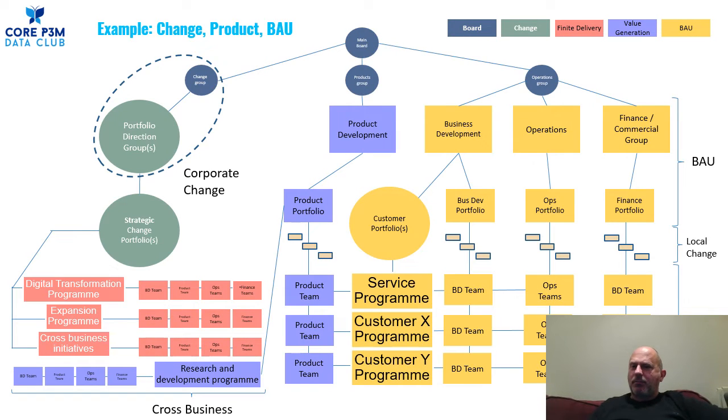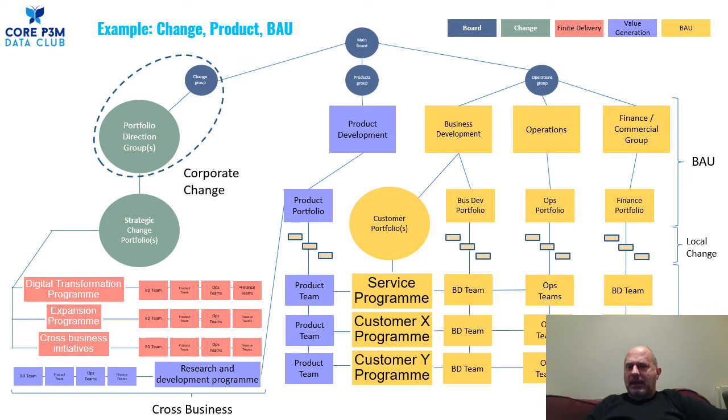Here is an example organisation structure that we've used in other presentations. It might be familiar to some of you. This shows an organisation that has a board which is broken down into three major areas of operations, product group, and change portfolio. The change portfolio has a director and a strategic delivery group, and within that there are programs and projects that enable that change.